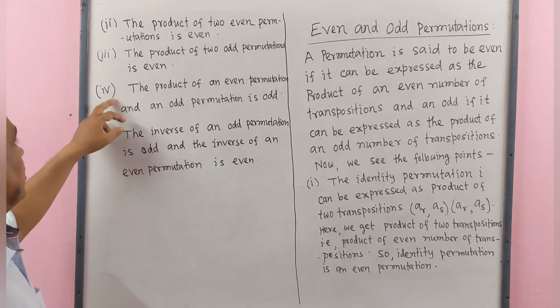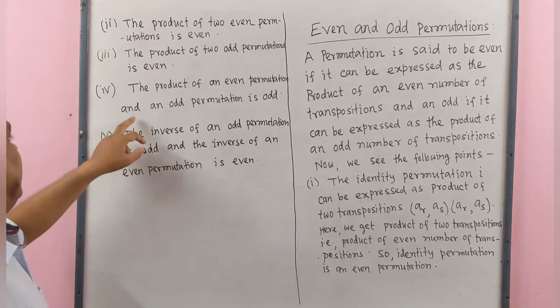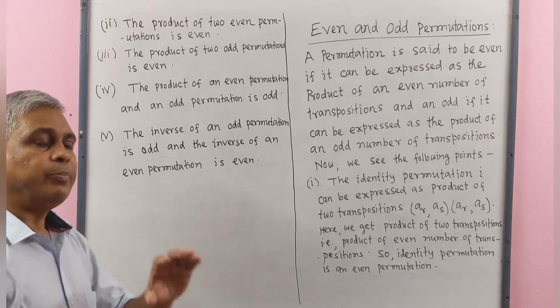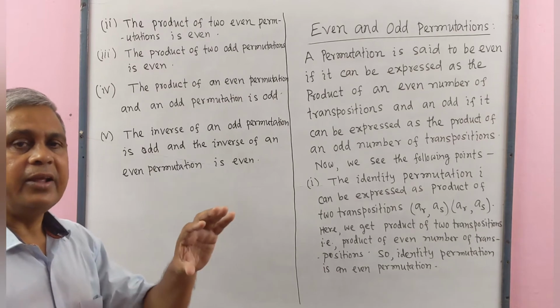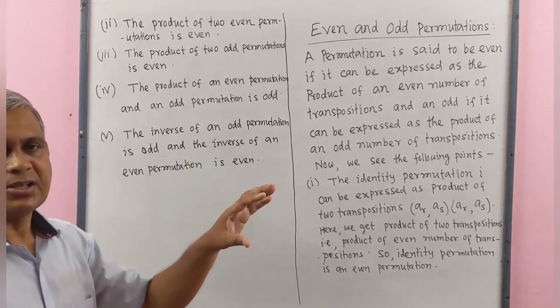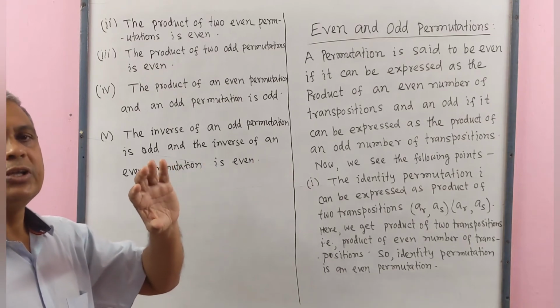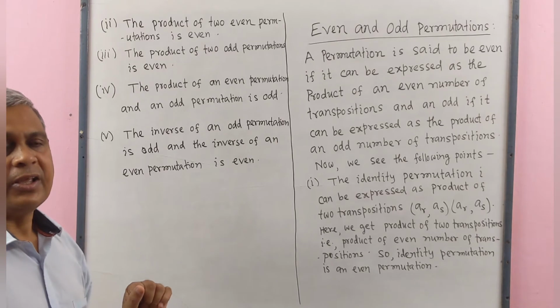Number four, the product of an even permutation and an odd permutation is odd. The first permutation is even, so it will contain an even number of transpositions. The second permutation is odd, so it will contain an odd number of transpositions.